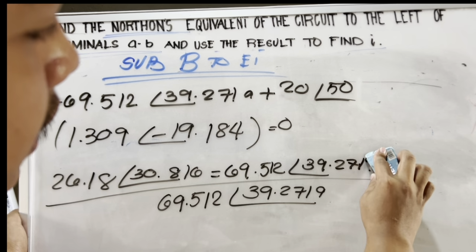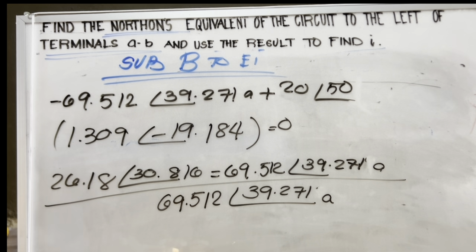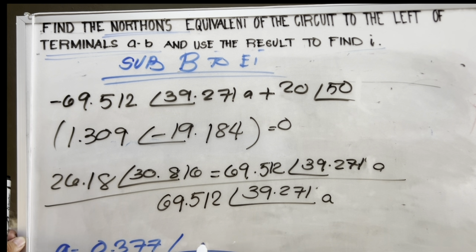Therefore, our A is equal to 0.377 angle of negative 8.455. This is our new A.